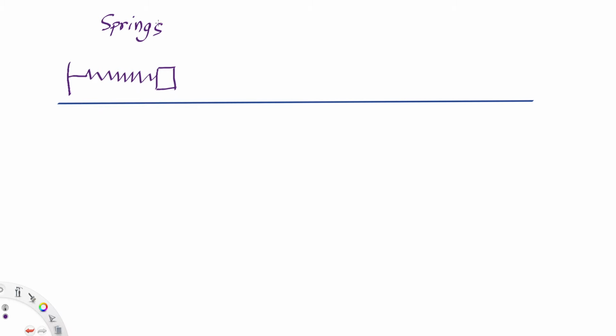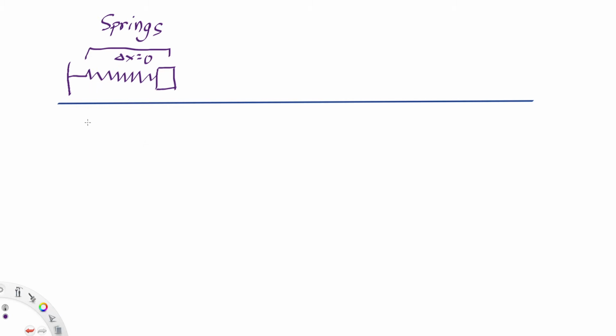So we'll say that this is the spring's natural length. This is the point at which delta x is 0.